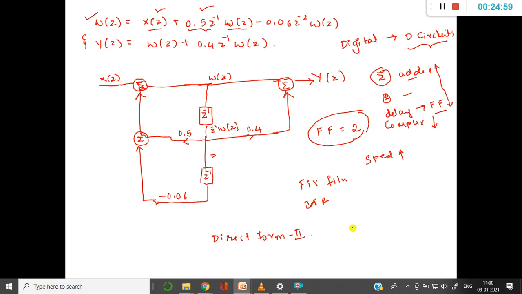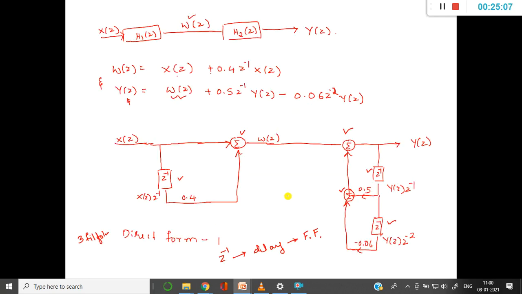So this is how, with the help of direct form 1 and direct form 2, we implement the IIR filters. Observe carefully, you just put this delay z inverse here, with 0.4, and here instead of 0.5, you can write direct form 1 and 2 directly.